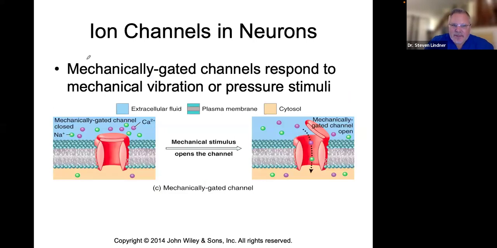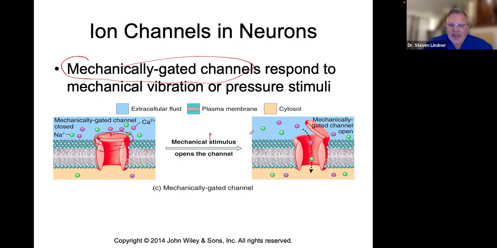And then the third type is the mechanically gated channel, where there's some sort of vibration, some sort of pressure, some sort of mechanical stimulus. And we can see here that it's closed on the left-hand side.